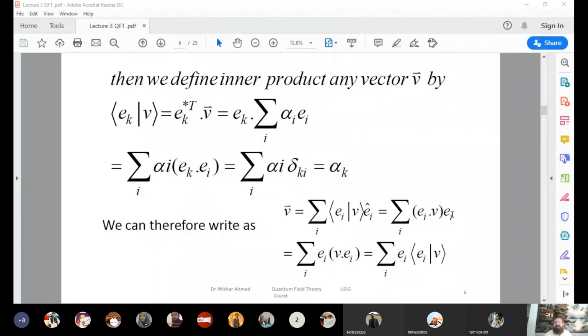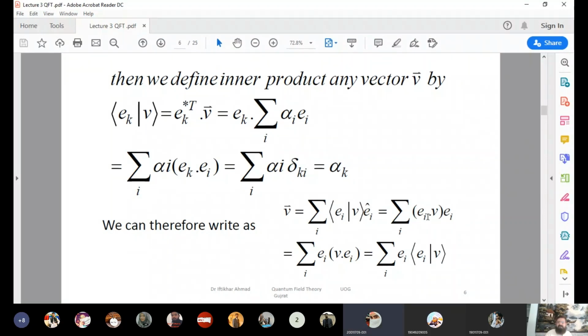What is the name of this property? Roll number 1, what is the name of this property? We are using a property of linear algebra here.